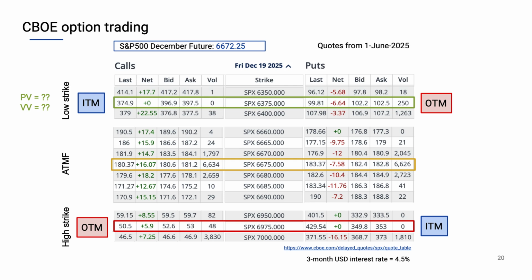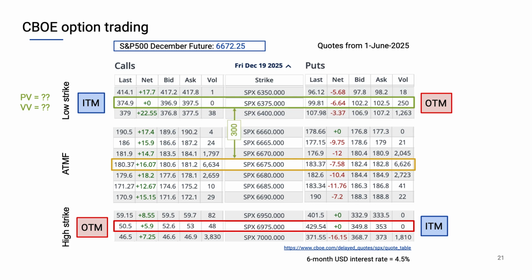Let's look at the green in the money call with the 6,375 strike. The option is quoted with a bid price of 396.9 and an ask price of 397.5, giving a midpoint of approximately 397. To estimate the parity value, we compare the strike price to the forward price.